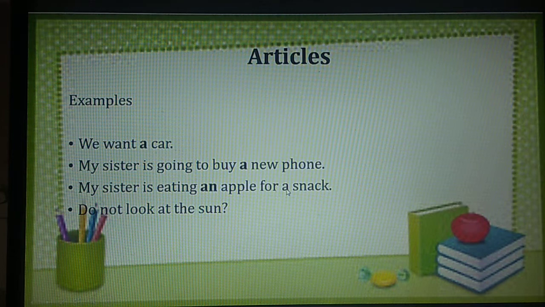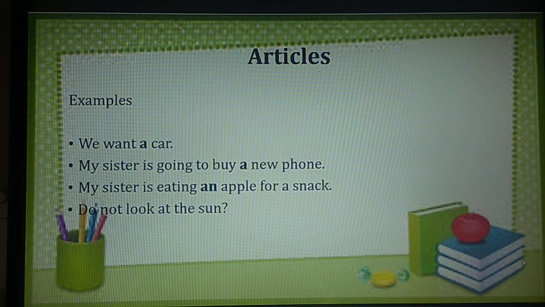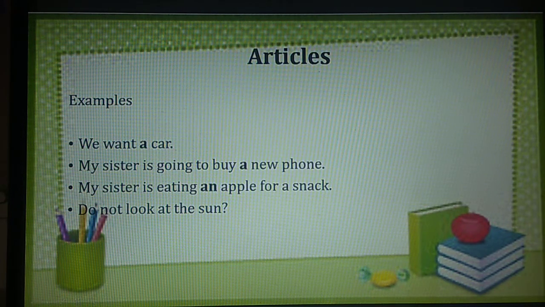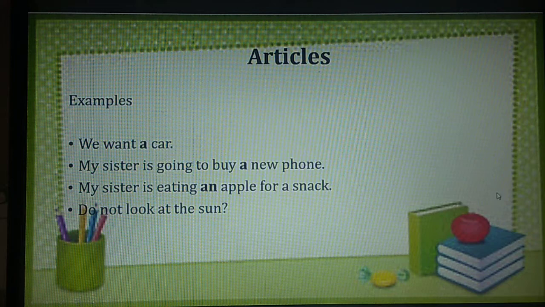In the third sentence, my sister is eating an apple for a snack. Apple is having a vowel sound, so I have used an as an article, which is playing the role of determiner. Do not look at the sun. Sun is a definite object, so I am using the as a definite article, which is playing the role of a determiner.